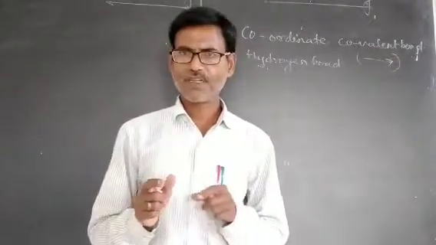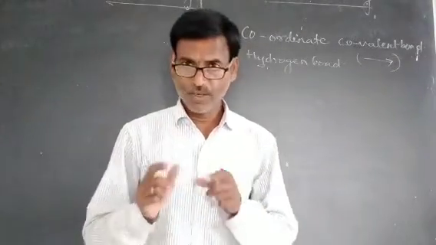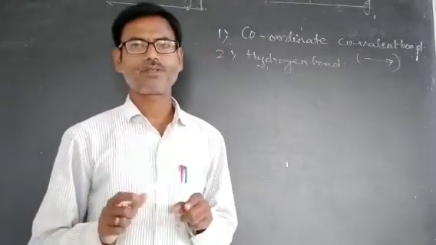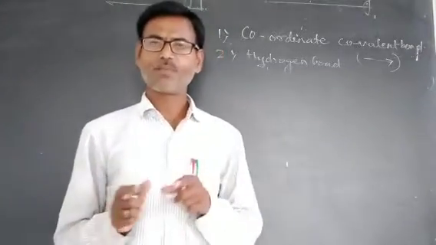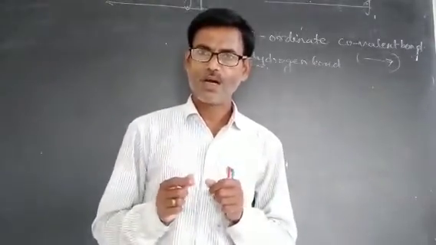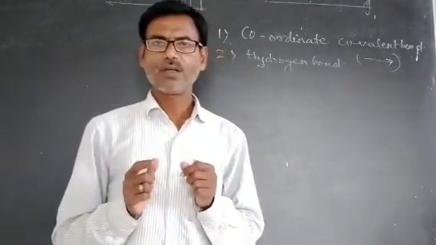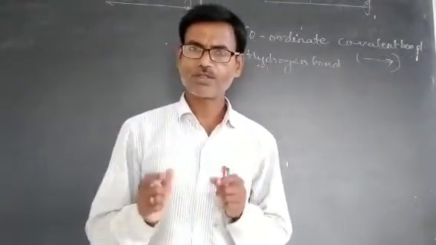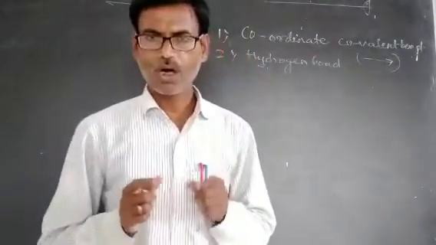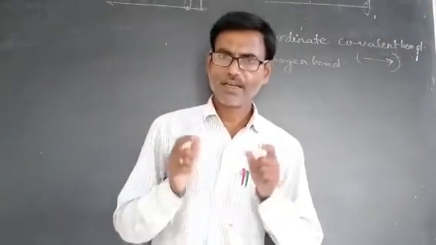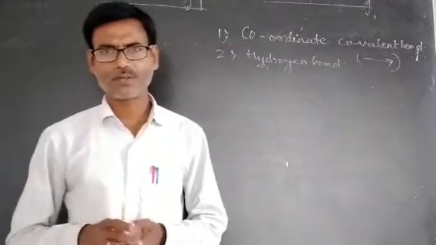Hydrogen bonding takes place between 2 molecules of the same compound or of different compounds. Such hydrogen bonding is called intermolecular hydrogen bonding. Hydrogen bonds formed between molecules of the same compound or molecules of different compounds are called intermolecular hydrogen bonds.